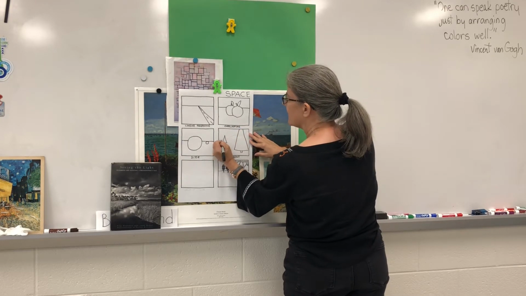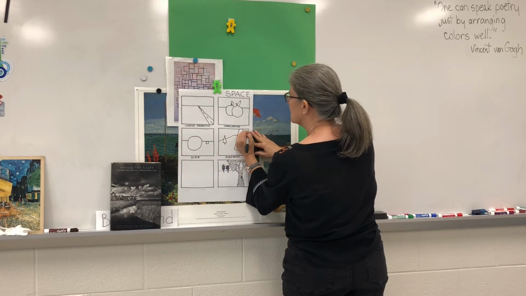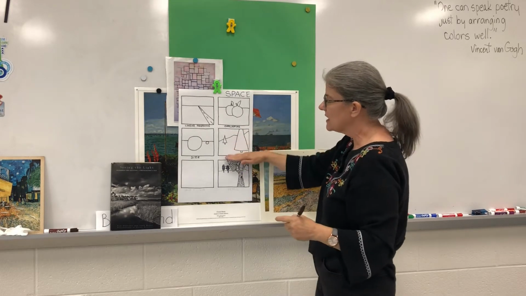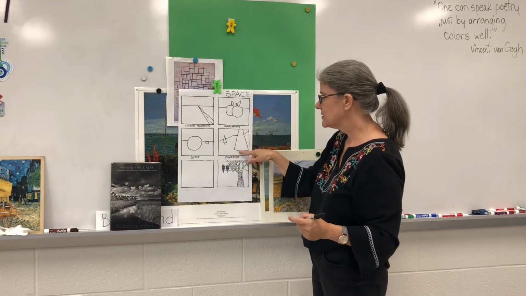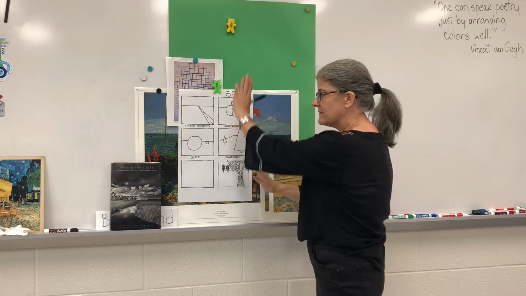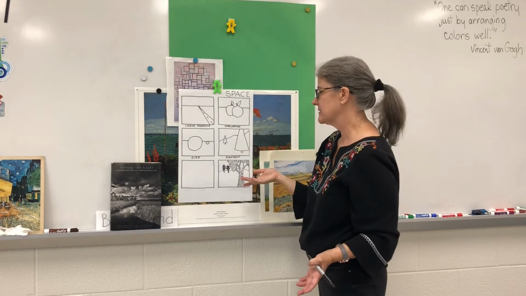And I'm going to give it a background that is not flat. So that's a horizon line. This one is lower inside this box. So it's lower. This one is up higher. So I've arranged where they are, and that little technique is called placement.